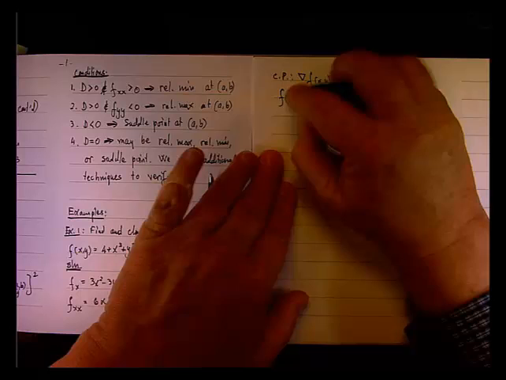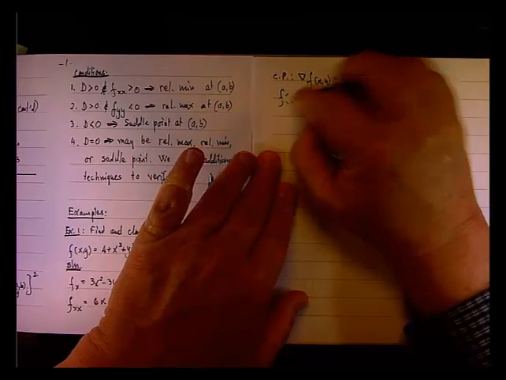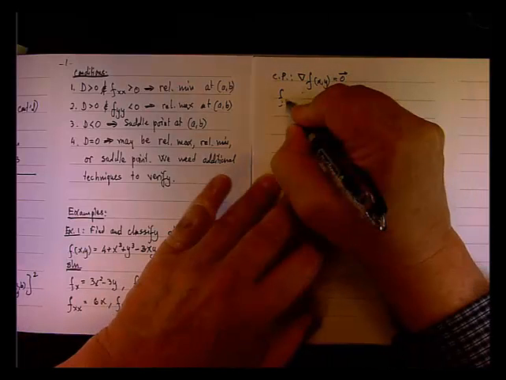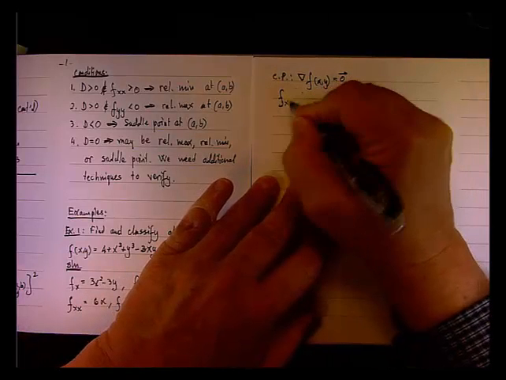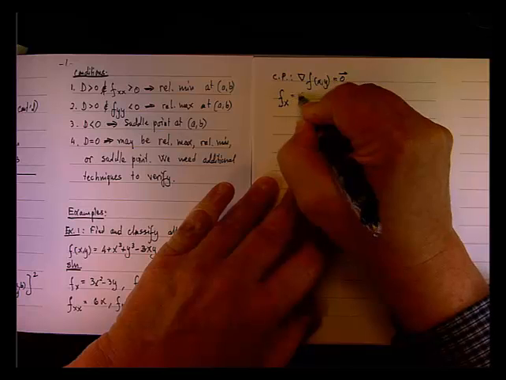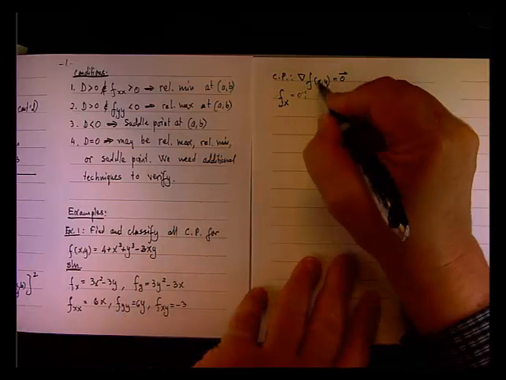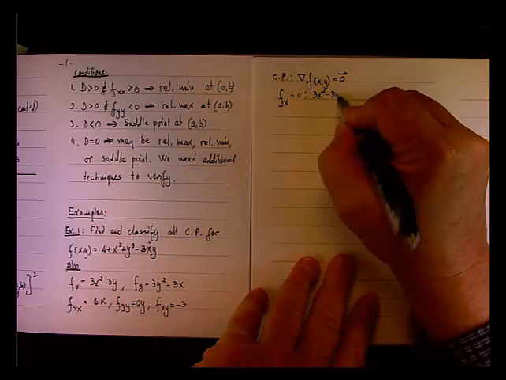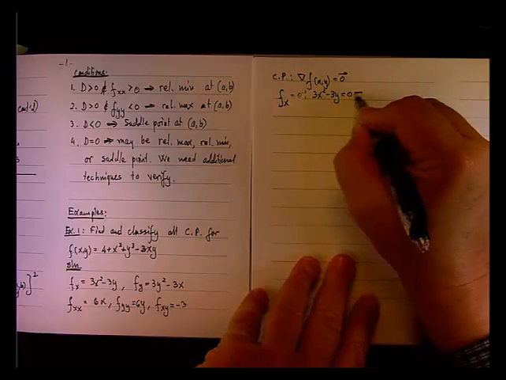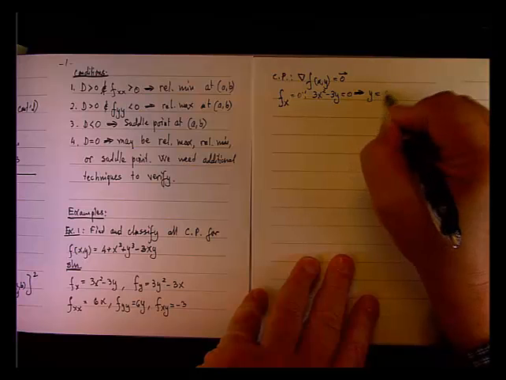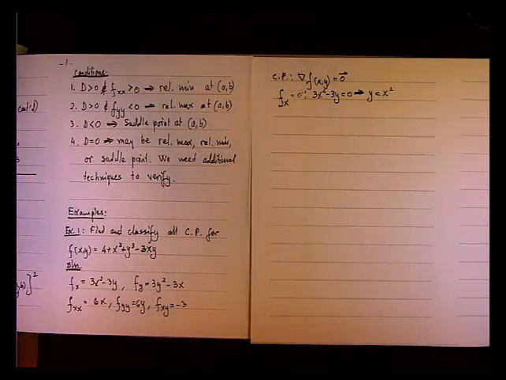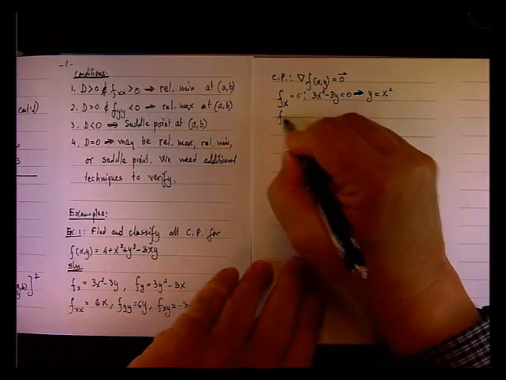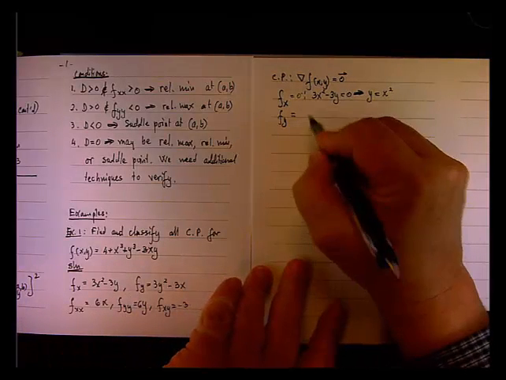So the first component is not f of x, but f sub x, or the partial del f del x. That's why I like to write it del f del x, but I already wrote it as f sub x. I'll keep it this way. Okay, this requires that 3x squared minus 3y equals 0, and this requires that y equals x squared. Okay, I can live with that.